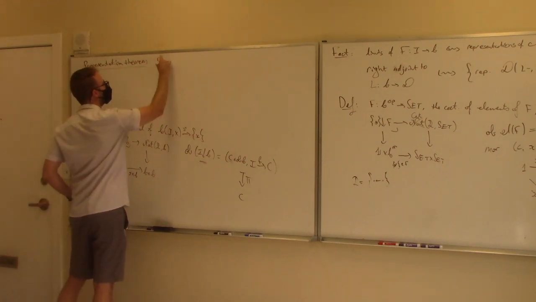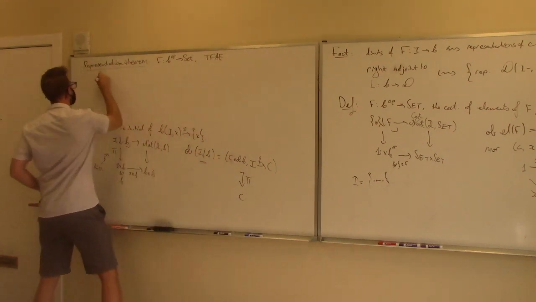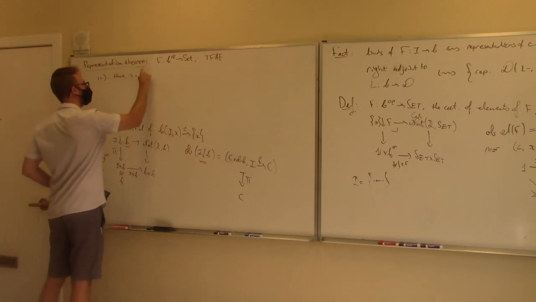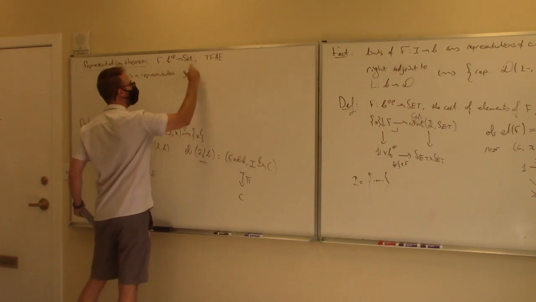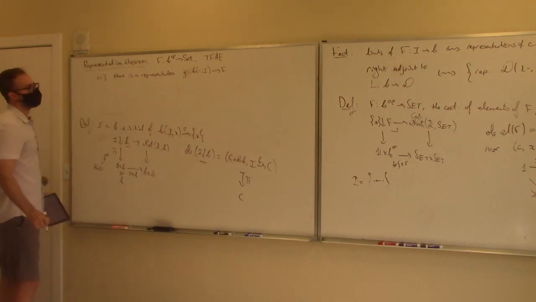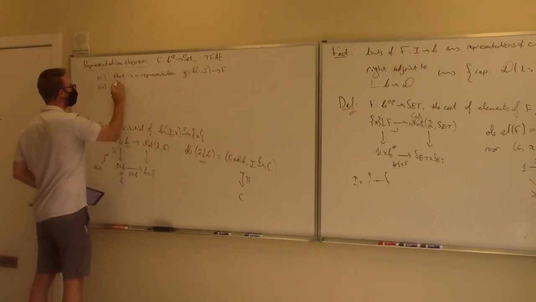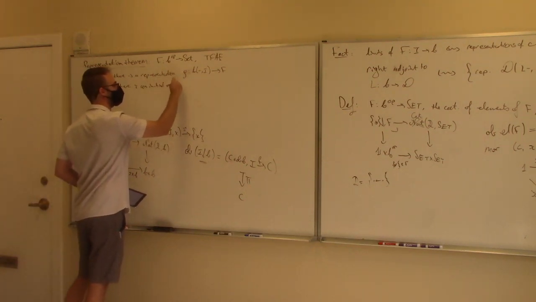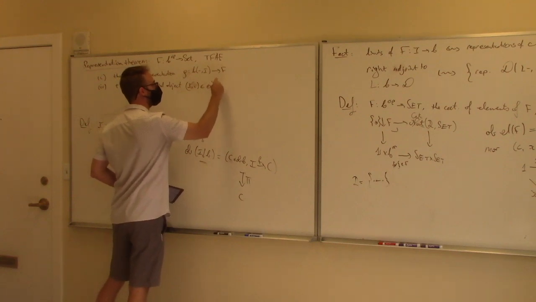It says that given a functor C op to Set, the following are equivalent. 1, there is a representation of F, or 2, there is an initial object, the other way around, in the category of elements of F.